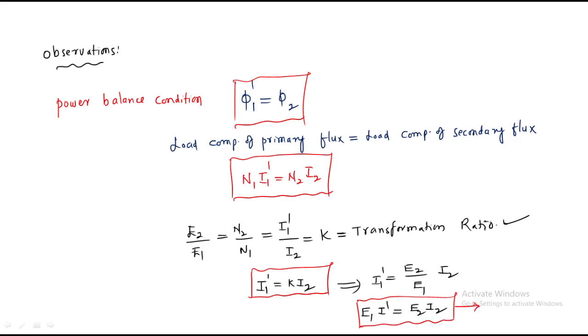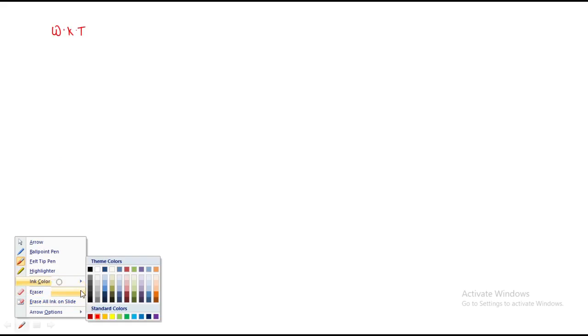This is the volt ampere rating of a transformer, right? And one more important point, these are very important observations. We know that I0 equals the vector addition of the wattful component of current and the magnetizing component of current. Like that, I1 equals I0 plus I1 dash, right?